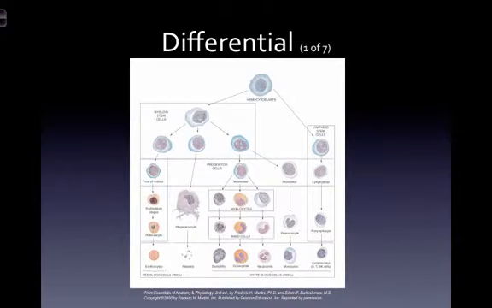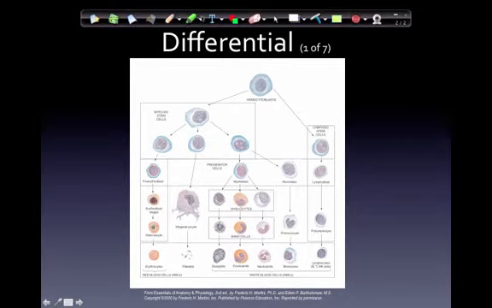Differential. I'm going to pull up, as far as your body produces one cell, and this cell differentiates into the multitude of cells that we're talking about. An example of this, a proerythroblast will eventually become an erythrocyte.